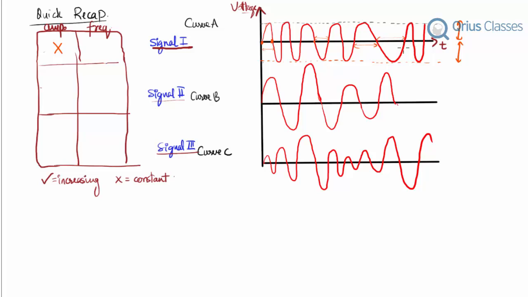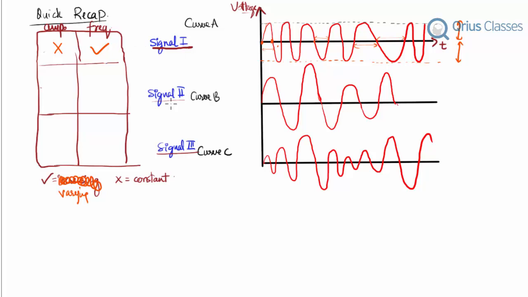So if the length is increasing, that means the frequency is decreasing. We cannot say that for sure because this increasing or decreasing pattern is not constant. It has increased, then decreased, and we'd have to measure it to the scale. So one thing we can say is that it is not constant, so the frequency is varying. Increasing is not a very good word here, so we'll say varying. Yes, frequency is varying in signal 1.